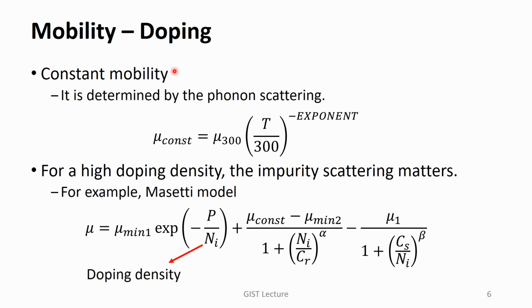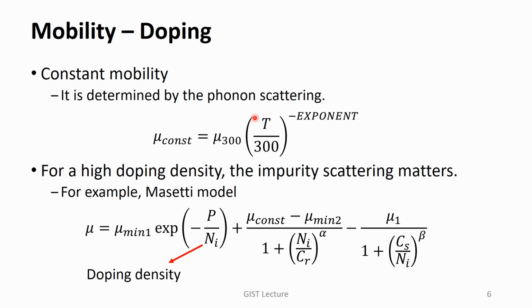Now, the mobility is considered. 3 effects should be considered in the mobility modeling. The first one is the doping dependence. Even for pure intrinsic silicon, the carrier mobility is not infinite. It is because of phonon scattering.